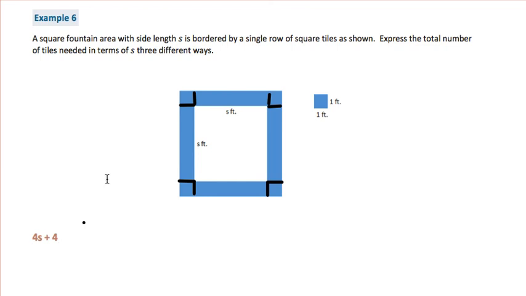We could also write it as 4 times s plus 1 because we have this space, right? S plus 1 to here, and then this one s plus 1 to here, this one s plus 1, and this one s plus 1. So 4 times s plus 1.